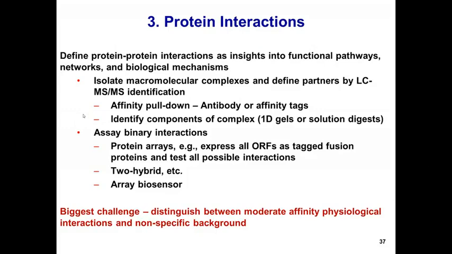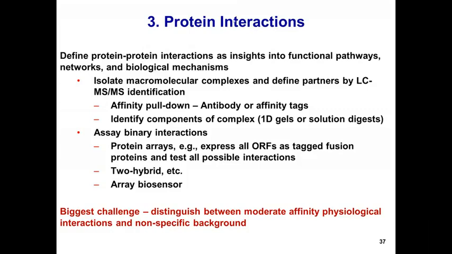Protein interactions can be measured in several different ways. One is to isolate macromolecular complexes and identify the partners using LC-MS. Typically, this is done using affinity pull down, either using affinity tags or antibodies to one of the components, and then identify the components either in the entire pull down, or specific bands from one-dimensional gels, by comparing experimental to control.